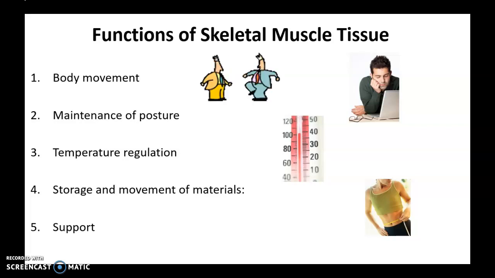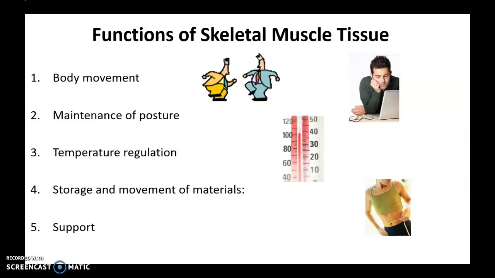Alright, storage and movement of materials. There are circular muscle bands called sphincter muscles, which contract at the openings or orifices. These sphincter muscles regulate movement of material throughout the GI tract, for example.